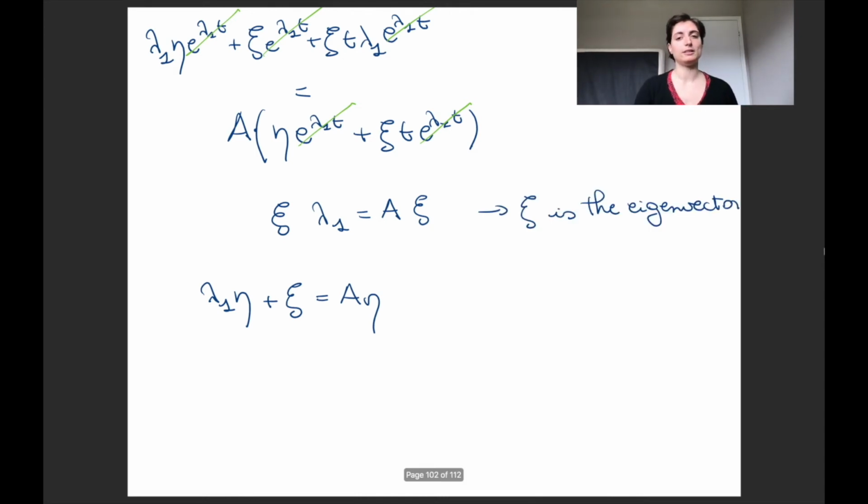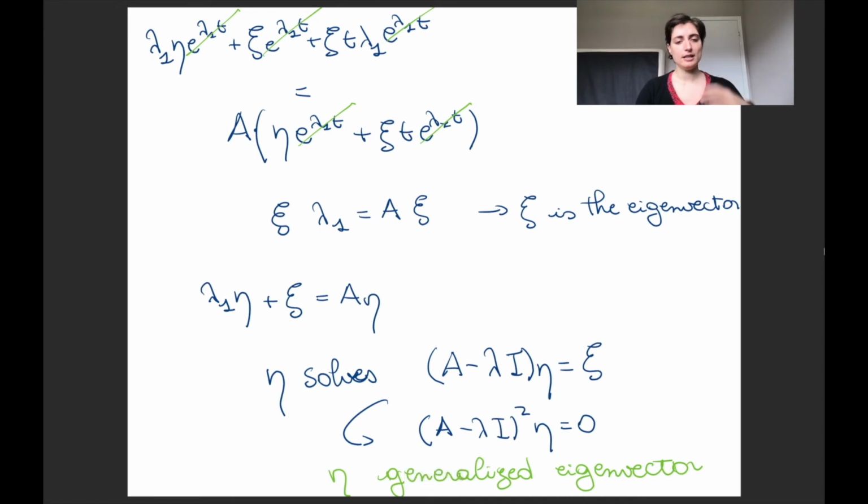So this second one tells us that xi is the eigenvector, the only eigenvector we have. And eta solves (A minus lambda I) multiplied by eta equals xi. So it has a bit of the form of the eigenvector equation, but on the right hand side, instead of 0, we have the previous eigenvector.